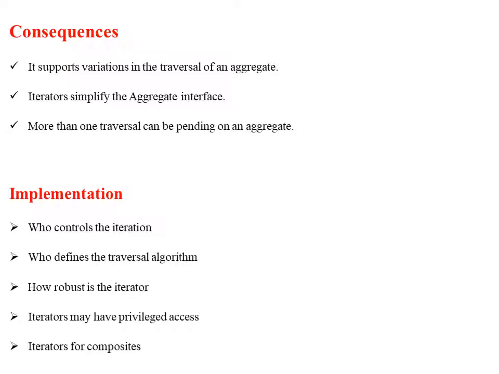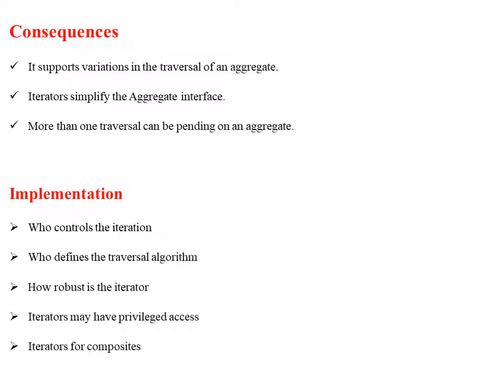If the client controls the iteration, it is known as external iteration. If the iterator class itself controls the iteration, then it is known as internal iteration. So remember these two main points, external iteration and internal iteration.